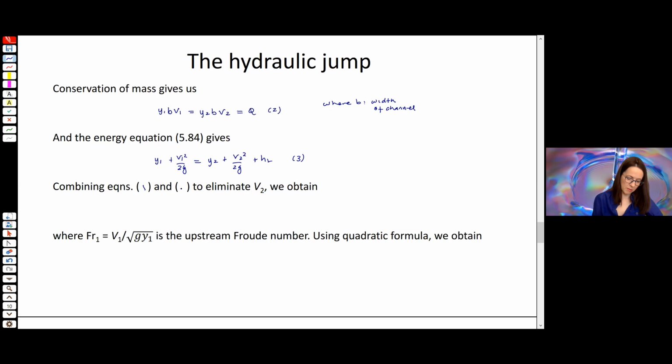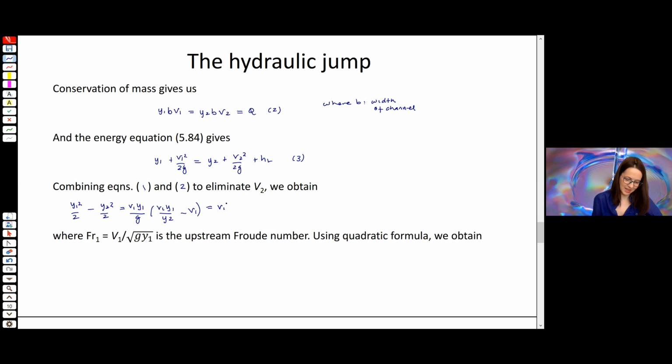We're going to combine equations 1 and 2. One is from the previous slide, the conservation of linear momentum. We combine those to eliminate V2. Then we get y1 squared over 2 minus y2 squared over 2 equals V1 Y1 over g times (V1 Y1 over Y2 minus V1).